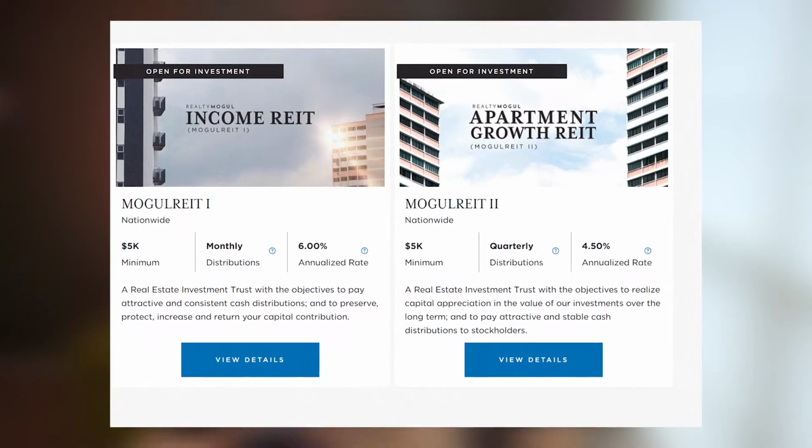The platform offers non-accredited investors access to their public non-traded REITs, MogulREITs I and II. That said, a non-accredited investor must be what RealtyMogul calls a qualified purchaser, meaning that their investment in RealtyMogul's common shares doesn't represent more than 10% of their income or net worth.